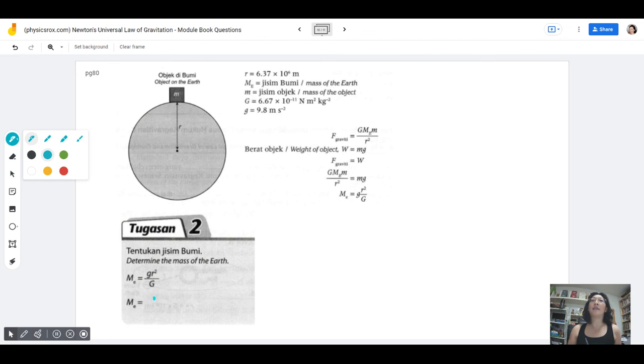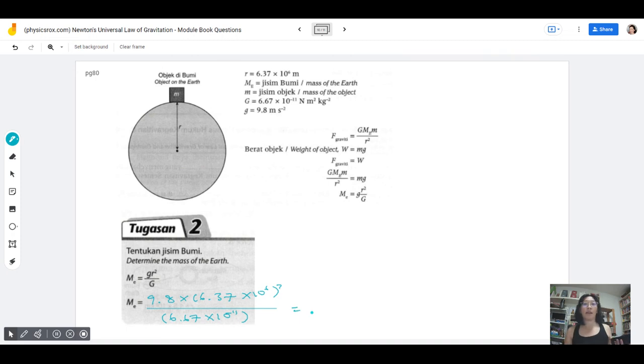So you would get, let's just use 9.8 because that is given in the question over here. 9.8, R is the radius, 6.37 times 10 to the power of 6, squared, and G is the gravitational constant, 6.67 times 10 to the power of negative 11. And working it out, this is a square. Okay, that's number 2, by the way. I know the writing is terrible, but that's a 2. So 9.8 times 6.37.